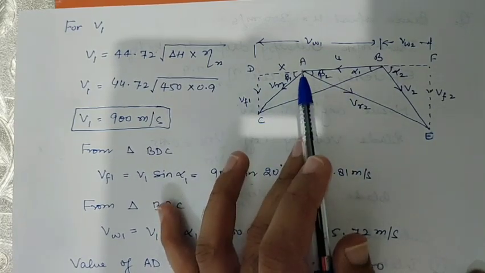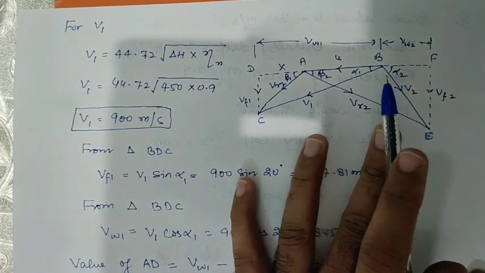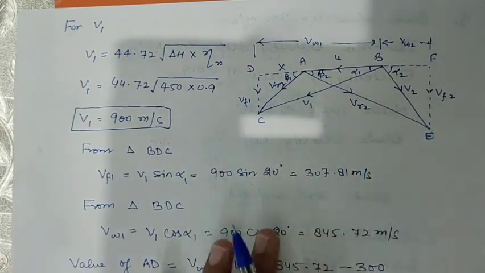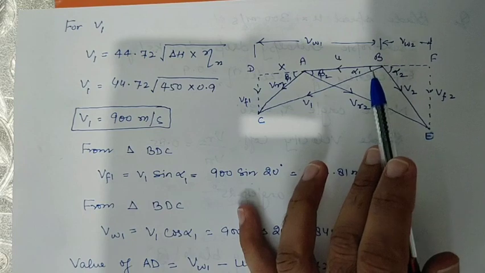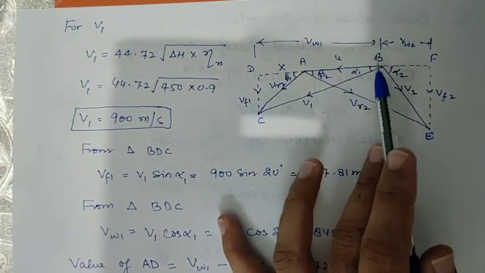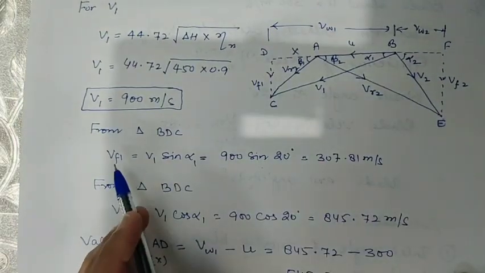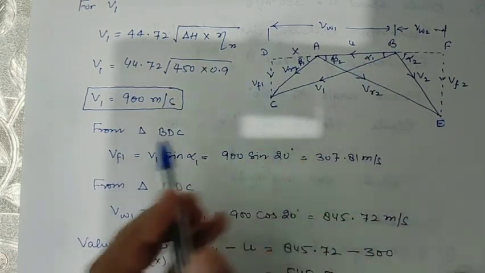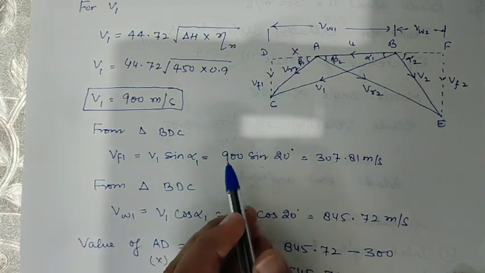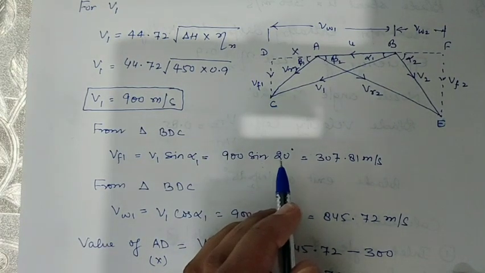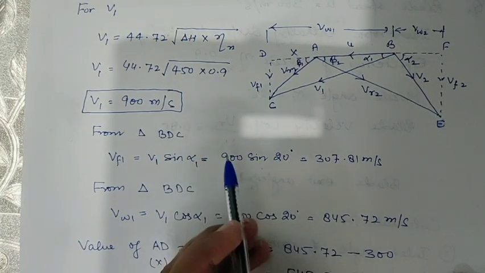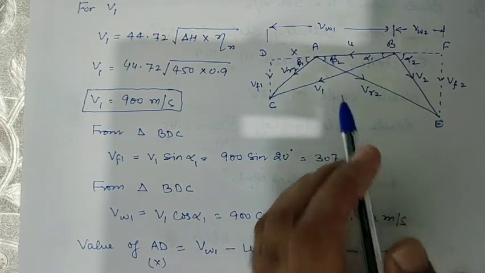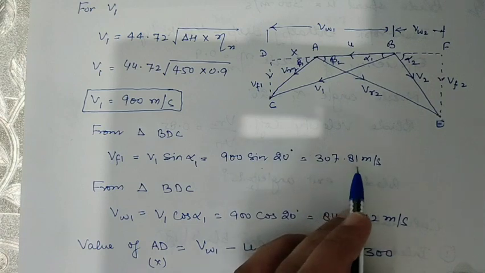ABC is the inlet triangle and AEF is the outlet velocity triangle, and we have denoted the various velocity components and angles on the diagram. From triangle BDC, VF1 is equal to V1 sin alpha, that is 900 sin 20 degree, where 900 is V1 and 20 degree is the nozzle angle alpha 1. So VF1 is equal to 307.81 meter per second.